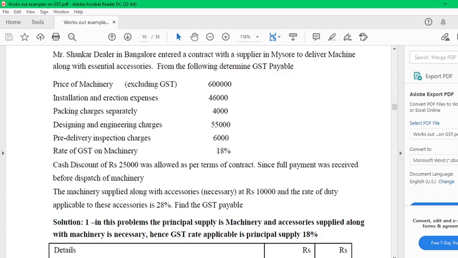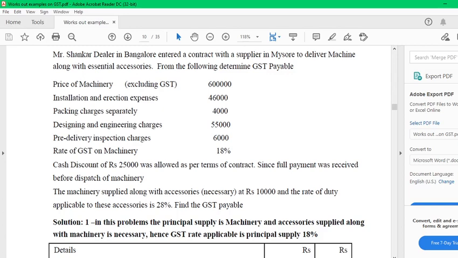Without these, some kind of cables, joints, whatever, the machinery cannot work independently. If the machinery is to work, these accessories are necessary. Then pipes are necessary, or even some kind of packing is necessary. It is mandatory. If it is mandatory, it is known as a blended relation. It is known as principal supply.